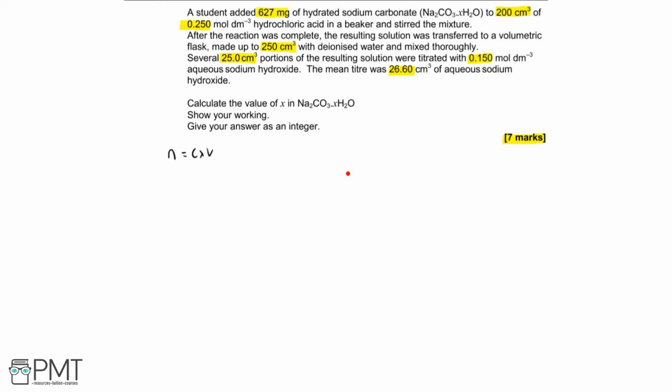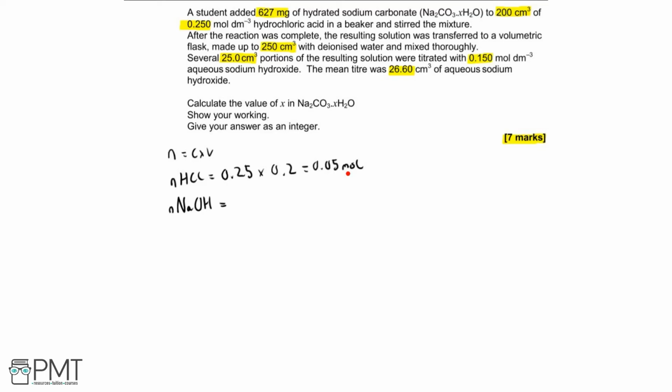So to begin with, let's look at the moles of HCl. So the moles of HCl, our hydrochloric acid, are equal to 0.25 multiplied by 0.2. That's 200 over 1000. And that's going to give us a value for moles of 0.05 moles. Now we'll look at the number of moles in the average titer of sodium hydroxide.